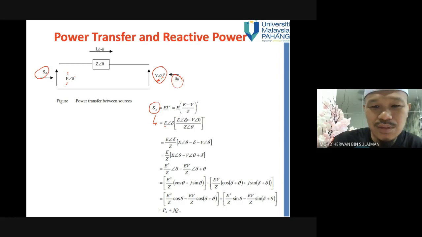So E theta minus V zero divided by Z, where your Z also has an angle, conjugate. So this is the real components. Normally we can bring it out, right? So you get E divided by Z. So this is your phasor. Phasor normally, when we divide, we subtract.